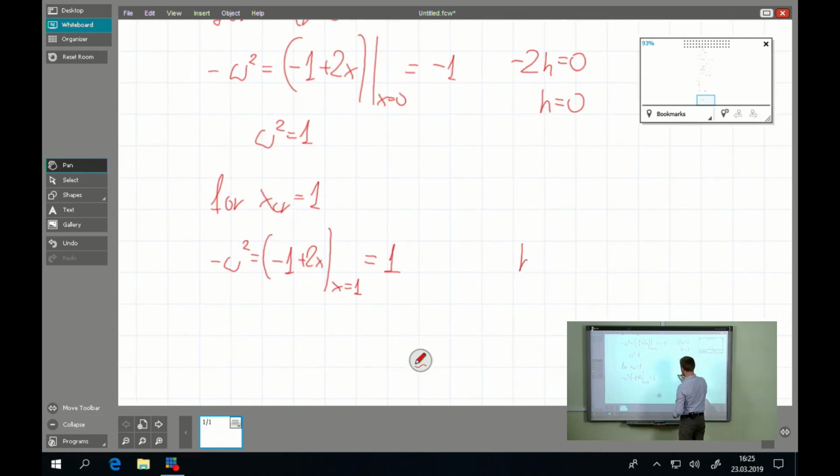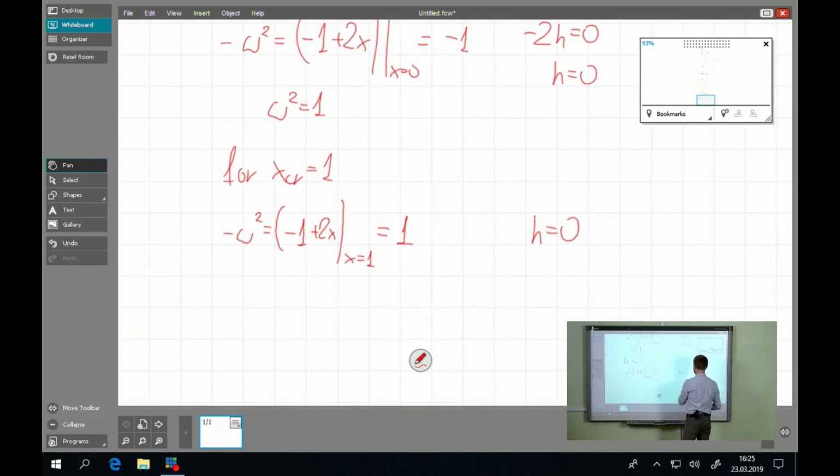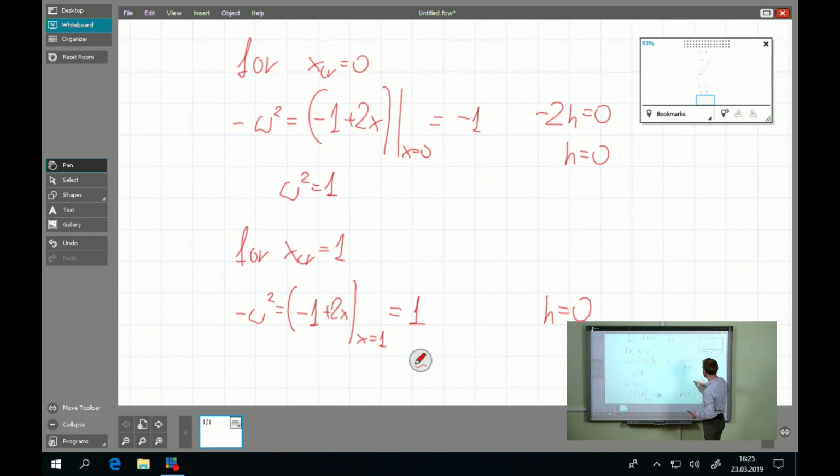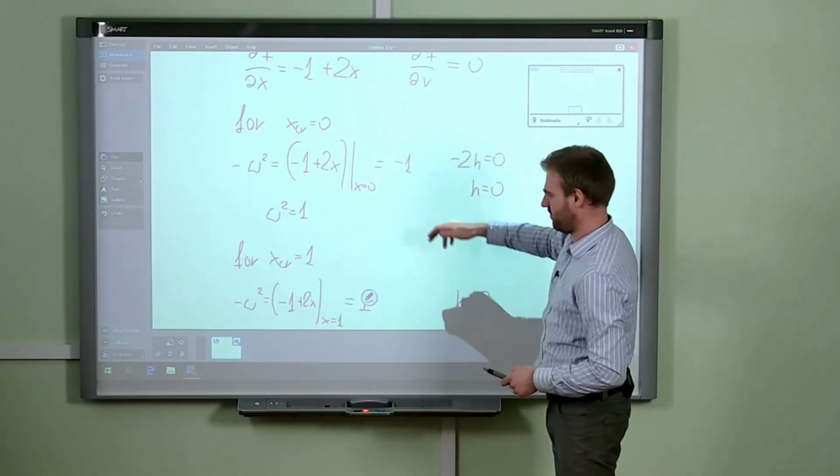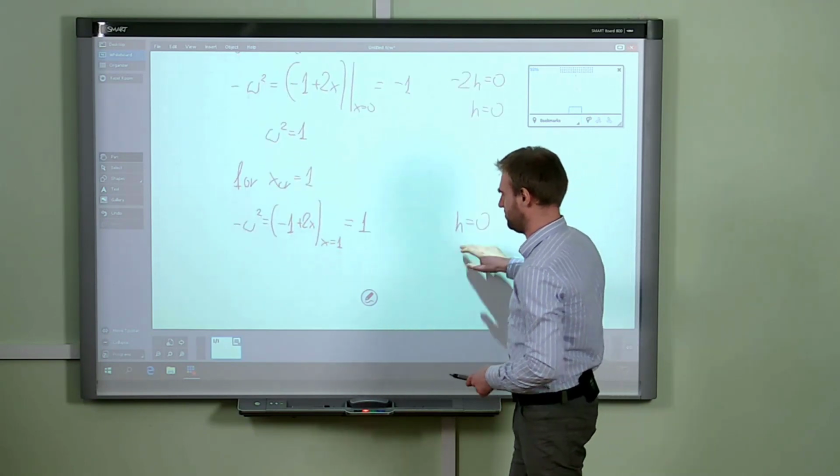If we're talking about the other component, it will still be 0 because there isn't any connection between our df over dv and x. Okay, it's constantly 0, as we see.